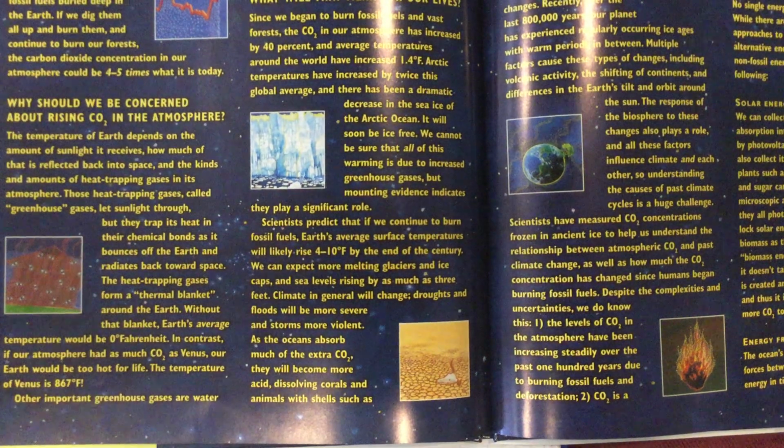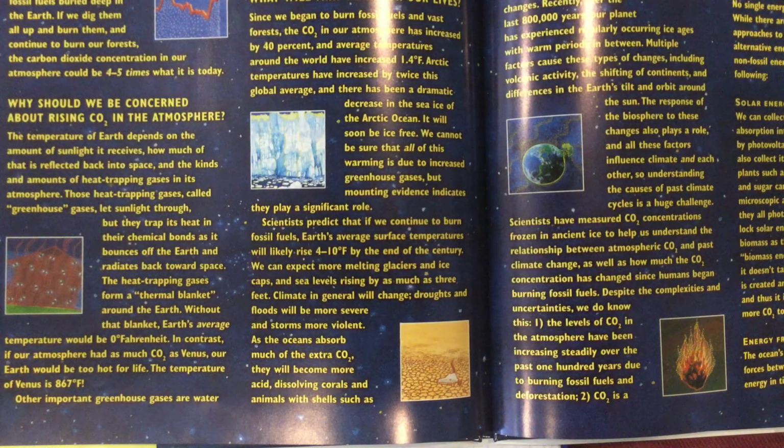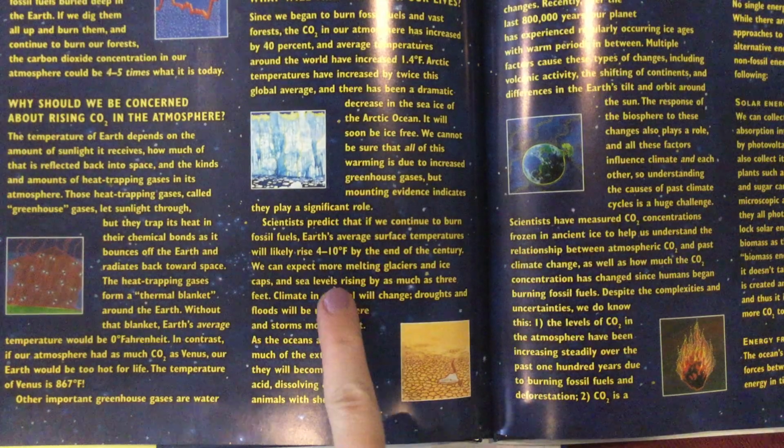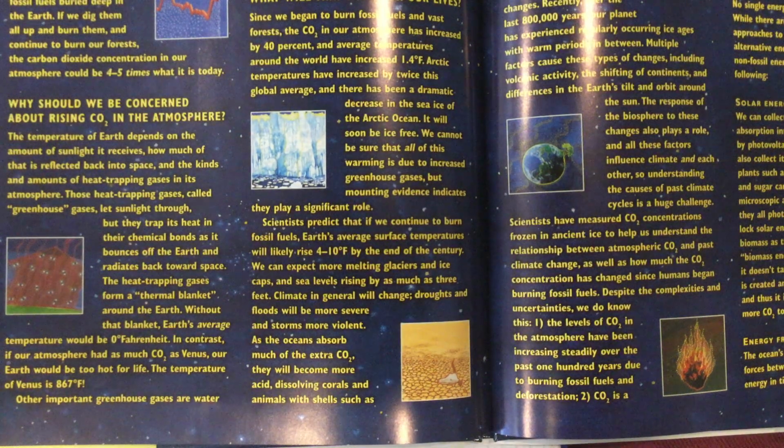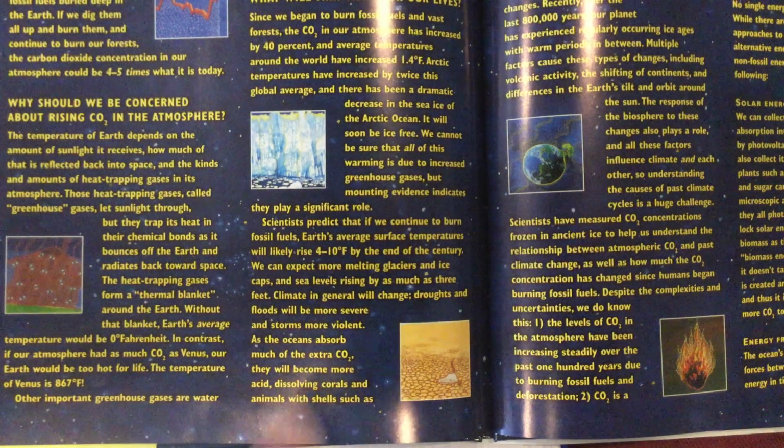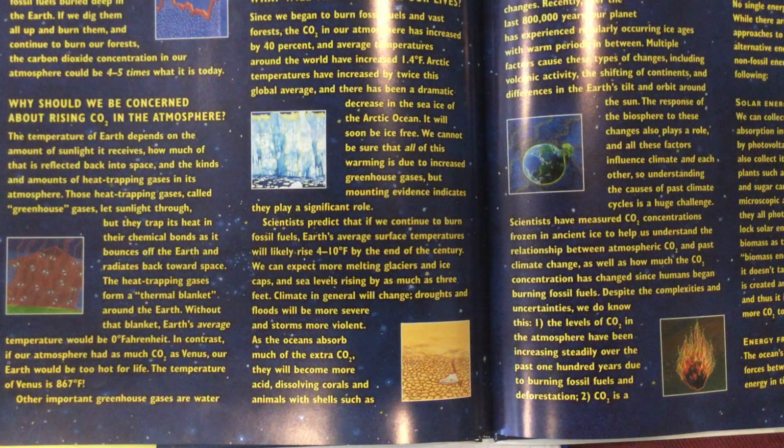Scientists predict that if we continue to burn fossil fuels, Earth's average surface temperatures will likely rise 4 to 10 degrees Fahrenheit by the end of the century. We can expect more melting glaciers and ice caps, and sea levels rising by as much as 3 feet. Climate in general will change. Droughts and floods will be more severe and storms more violent.